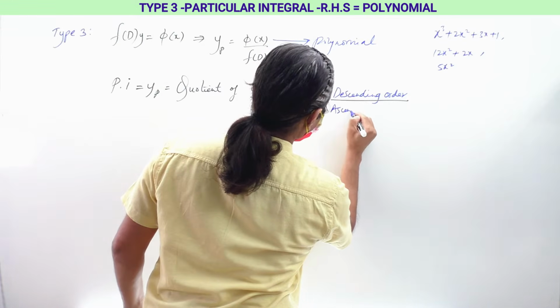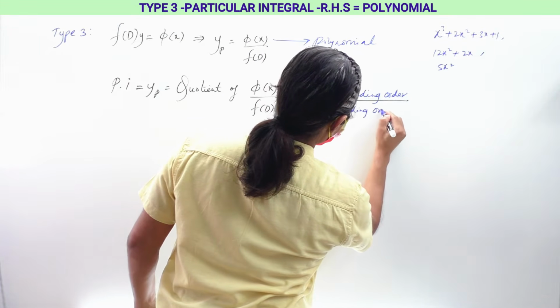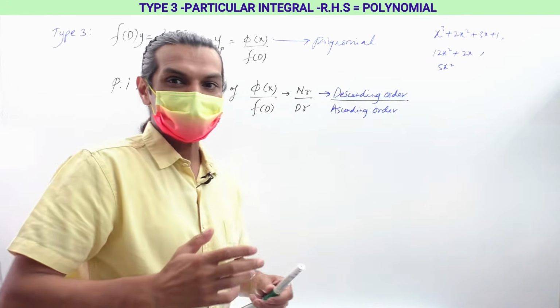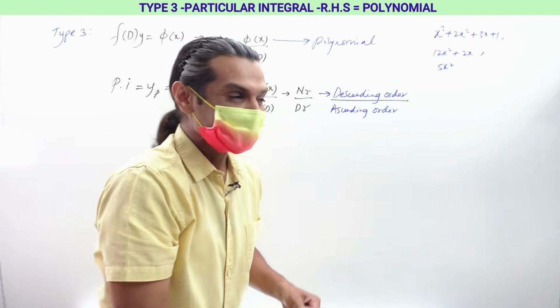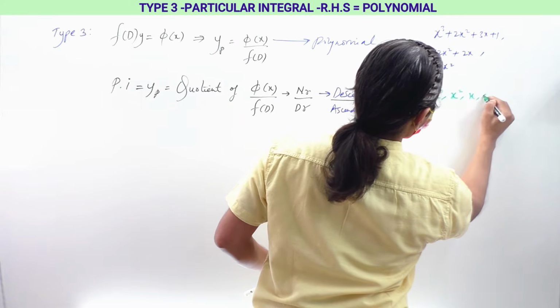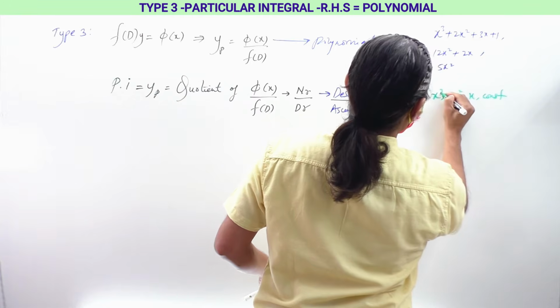What order? Ascending order. See, the numerator is in descending order of the algebraic expression like x cube, x square, x and constant.